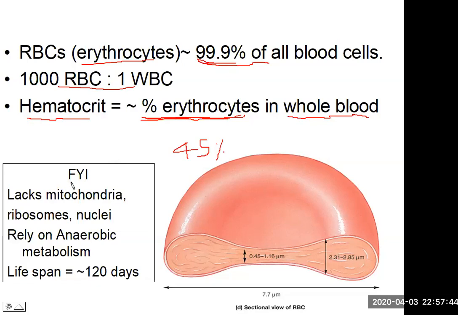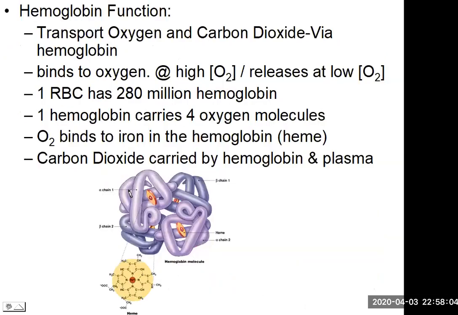Just some interesting traits about the erythrocytes. They lack multiple organelles. However, lacking these various organelles, especially ones that consume oxygen, makes these cells ideal for the transport and delivery of oxygen. A single erythrocyte is filled with this protein, hemoglobin, which functions as both a protein and a pigment.